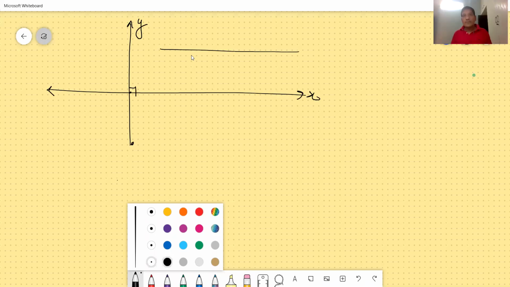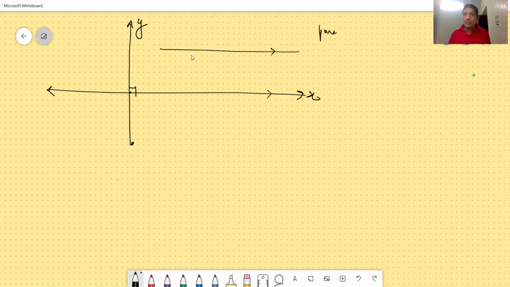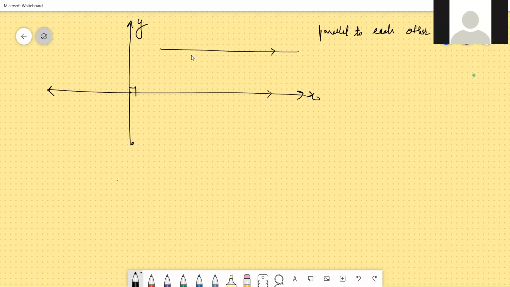Now tell me, this line and x-axis are parallel. These lines are parallel to each other because ये line इसको कहीं पर भी intersect नहीं कर रही है x-axis को. They are parallel lines.